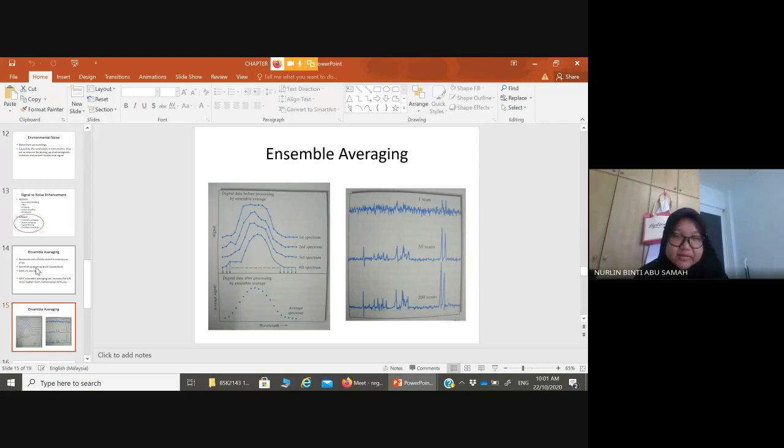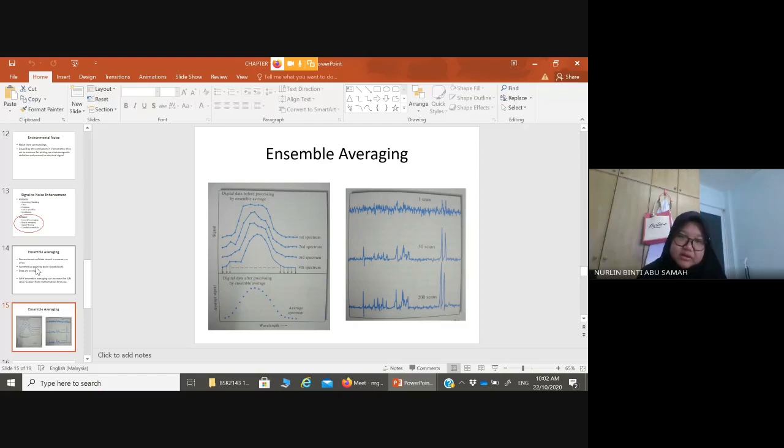For this example, when you scan many times, it gives you an average. When you have this average, it will actually increase your signal and lower the noise. This is more towards electrical engineering, so we can do that.